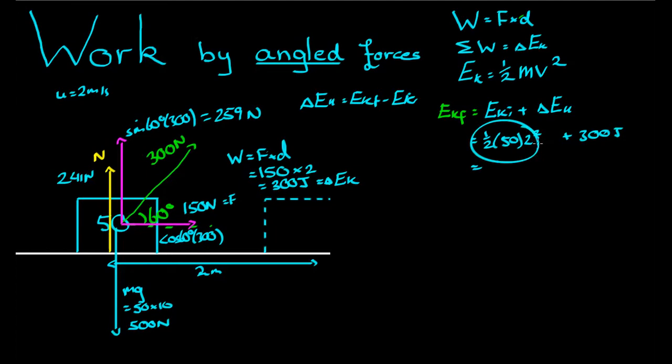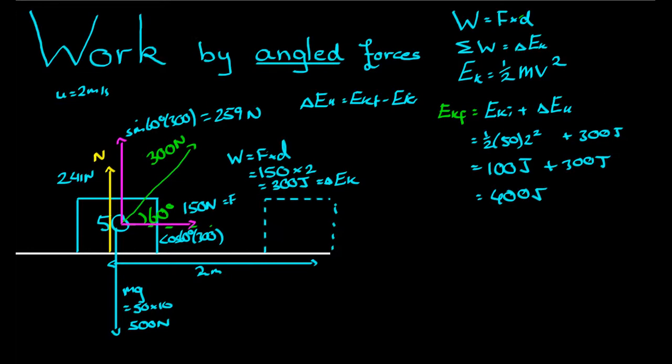So simplifying this down, that's 1/2 times 50 times 4, that's 2 times 50, 100 joules, plus 300 joules, 400 joules. So whereas before, the box which had started at rest, by the time it had been accelerated 2 meters by that 150 Newton force in this direction, had 300 joules of energy, the box which starts with a little bit of motion, and therefore a little bit of kinetic energy, has 400 joules of kinetic energy by the time it's been accelerated that 2 meters.